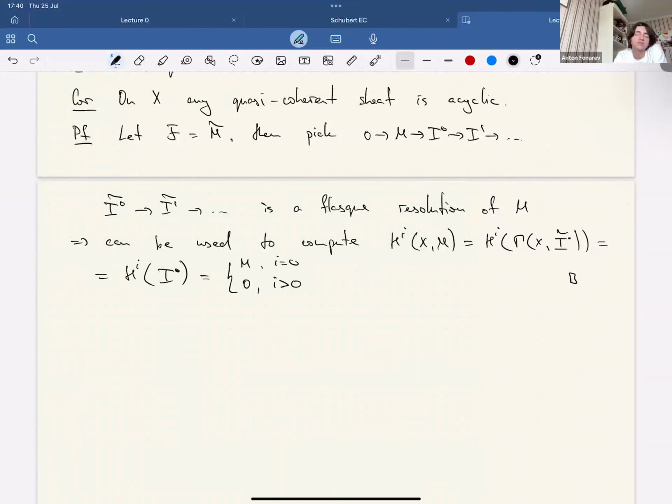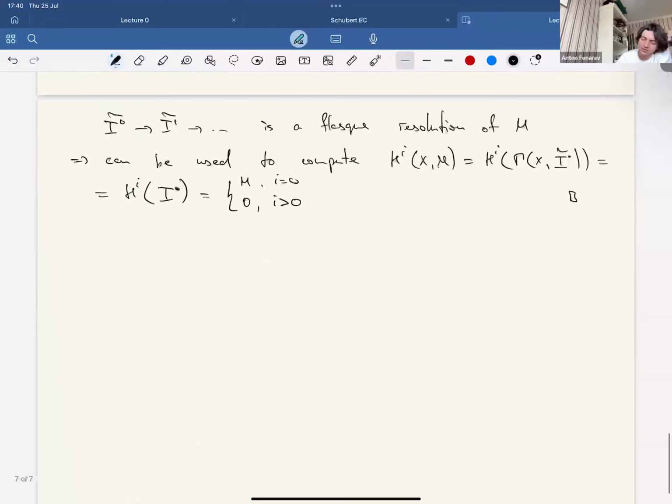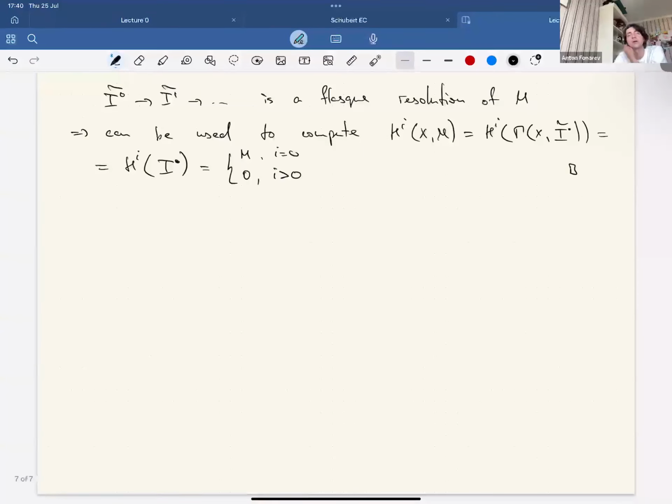And then sometimes structure sheaves of points, but ultimately we all want to compute cohomology of vector bundles. This is the kind of ultimate goal. Now, from this, you can ask yourself, is it true that there are other spaces like this, which are probably not affine, which satisfy the same property?